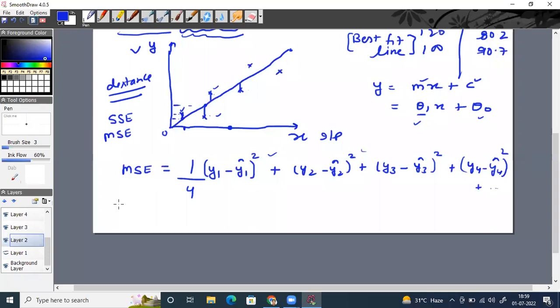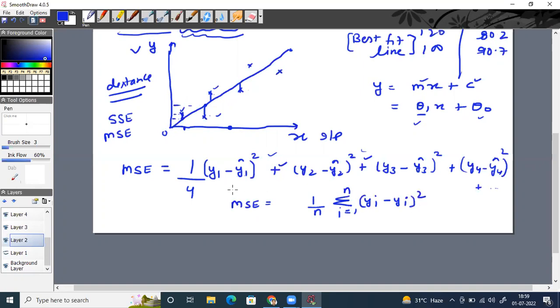Now, what is your objective? Understand, everyone? I can even write this expression this way as well. I can further simplify it. This mean squared error I can write as 1 upon n, where n is the number of data points, then the summation, because it is a sum, from i equal to 1 to n, of yi minus yi hat, whole squared.